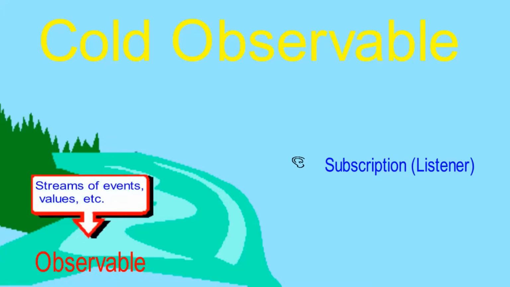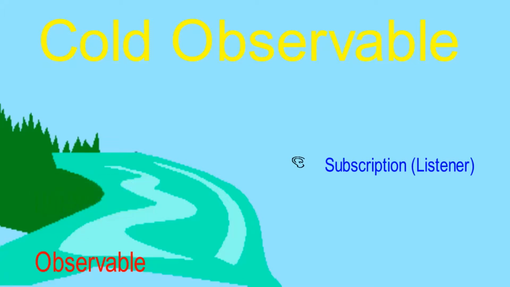Observable is a stream of events and values. However, flow has not yet occurred. That's because the receiver side, that is, the listener, is not running subscribe. The receiver has performed a subscribe about fish.